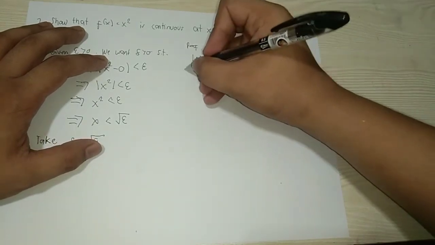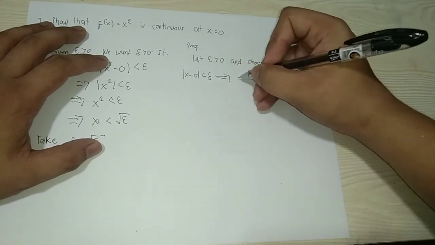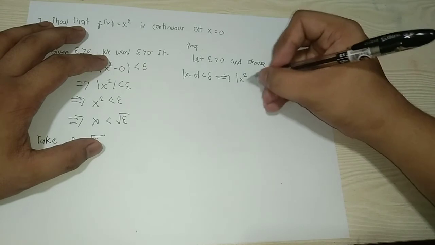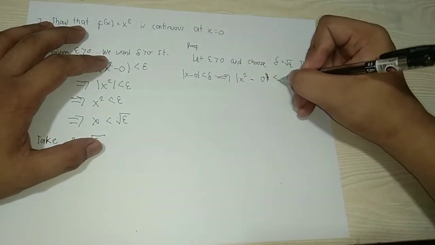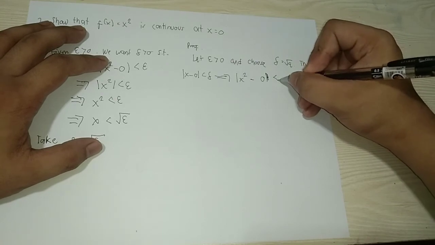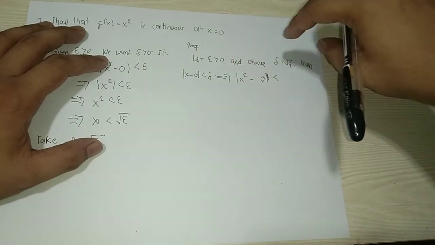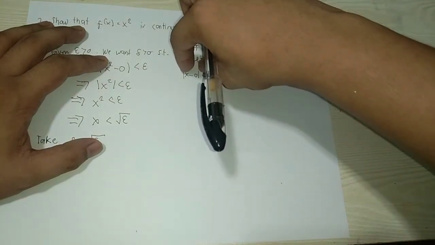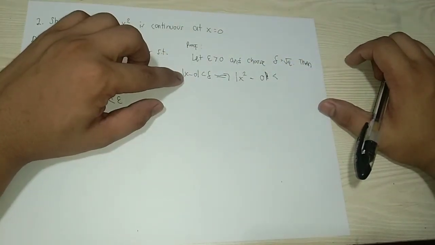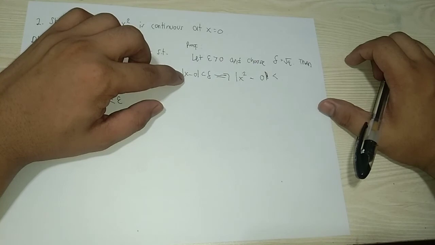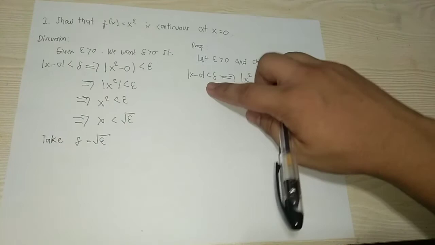Then, absolute value of x minus 0 less than delta implies the absolute value of f of x minus f of c, that is 0, is less than delta squared. We square the x minus c, so it becomes x squared minus 0, since it is just x squared.